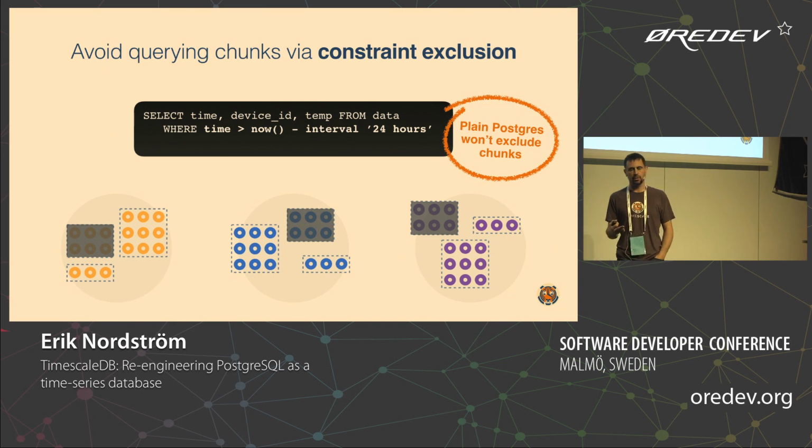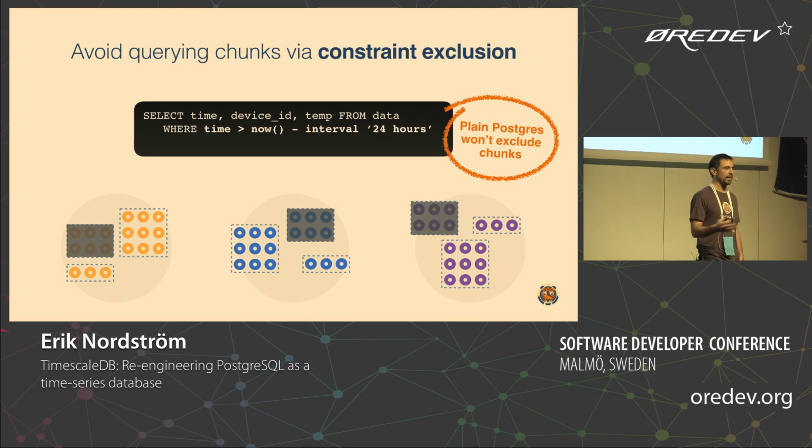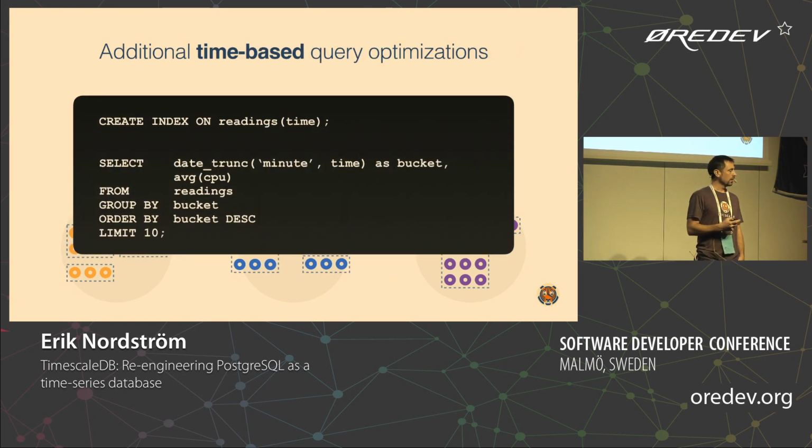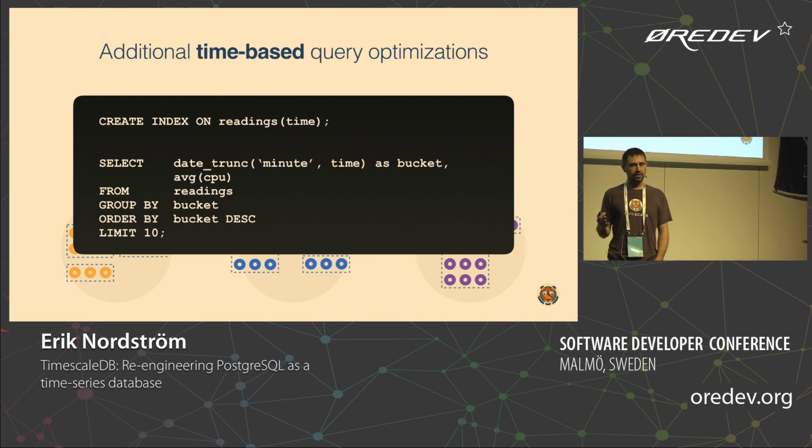So it can only compute that timestamp when it's actually running the query and not planning it. In this case, Postgres would just scan all the data. So we added an optimization to do the exclusion at runtime.